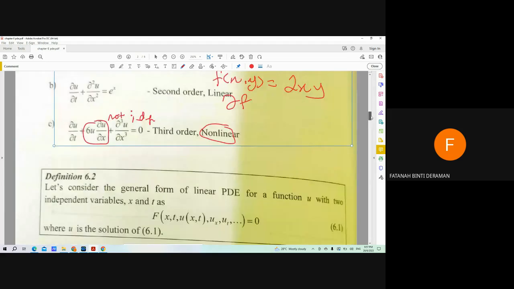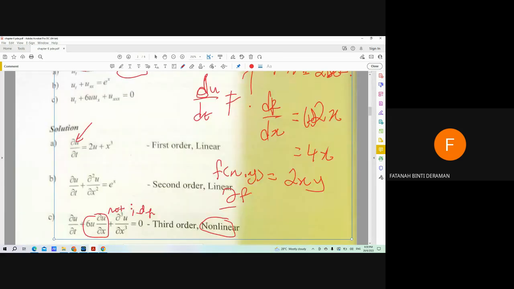First maybe you take dx, and then you get 2y, and then you need to take another half of the function which is y. So df dy, you will have 2x.